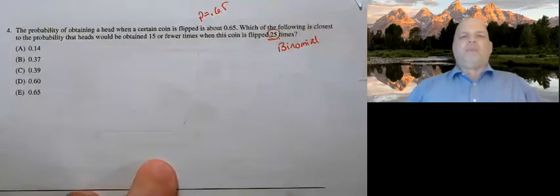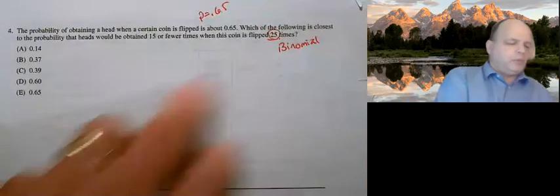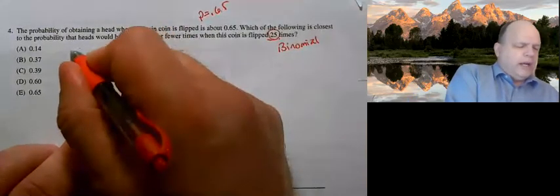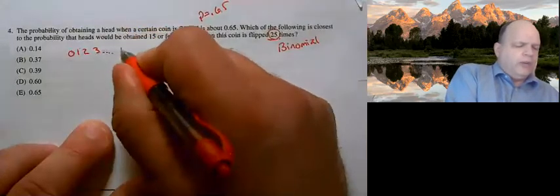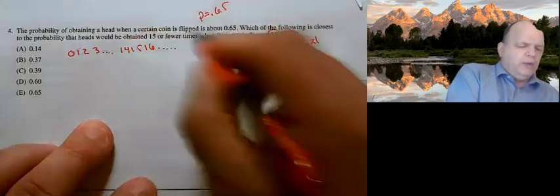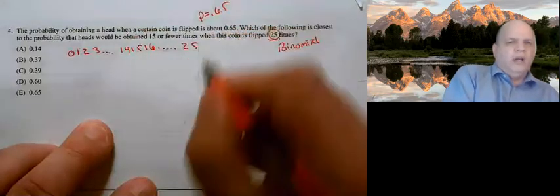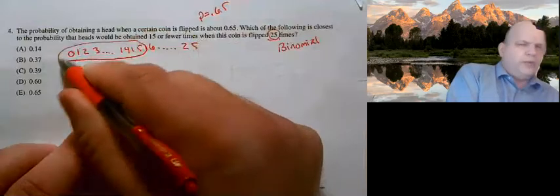And which of the following is closest to the probability that heads will be obtained 15 or fewer times? Well, if I made my number line, I could have 0, 1, 2, 3, ... 14, 15, 16, ... all the way up to 25. They say 15 or fewer, so this is what I'm interested in.